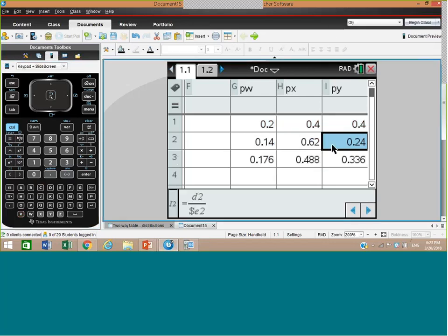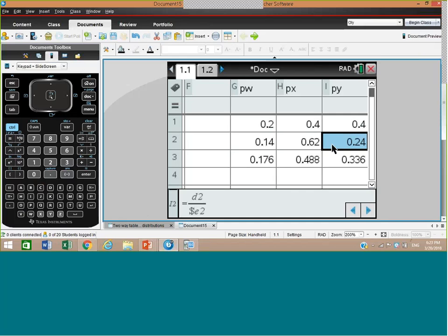So to interpret these, let's think about what we're looking at. The one we're actually after, remember, is the probability that among the males, the person is registered in party Y. So the cell that Ray has highlighted right now, the 0.24, is that calculation.